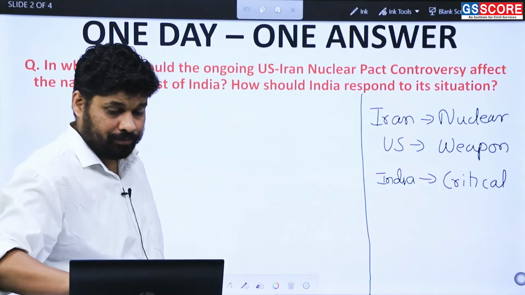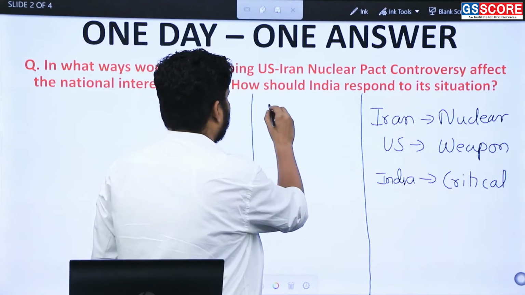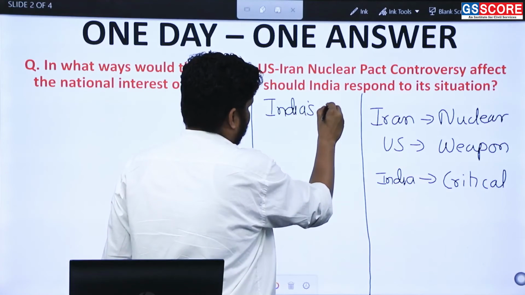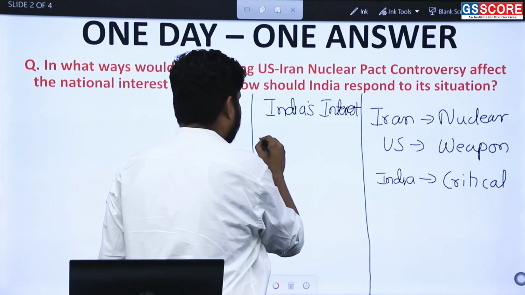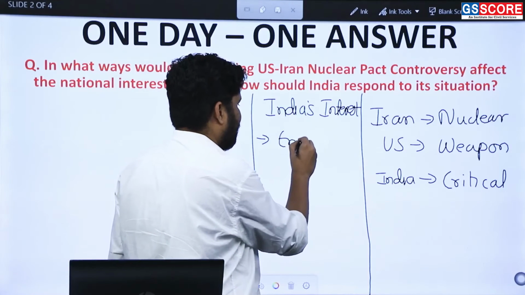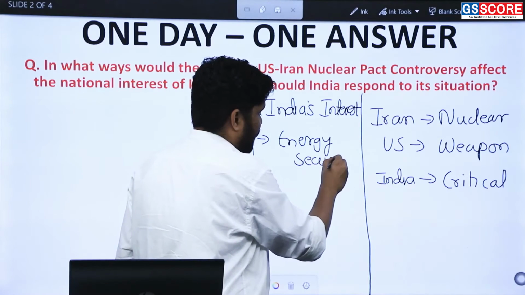Then we come to how India's interest will be affected. The first point obviously is energy security of India. Iran is one of the major suppliers of oil to India.